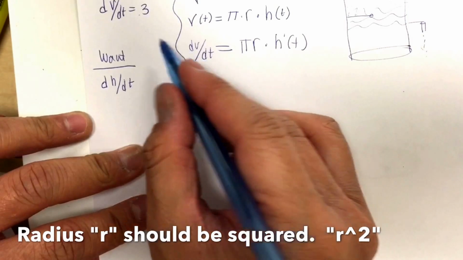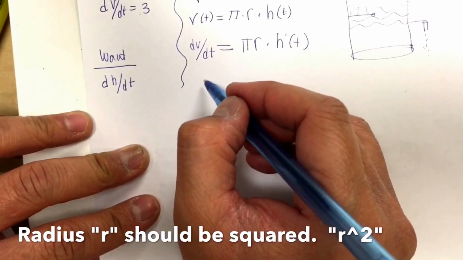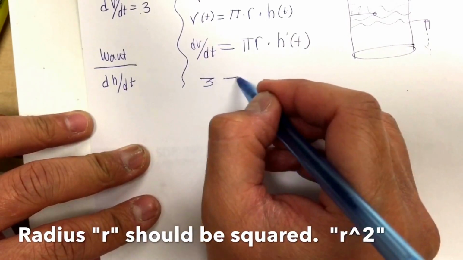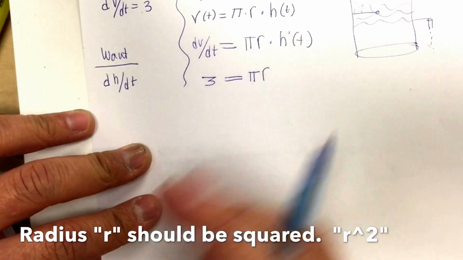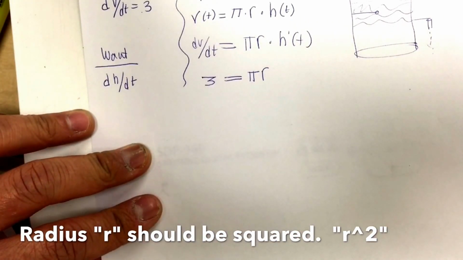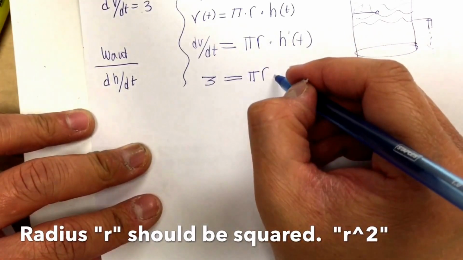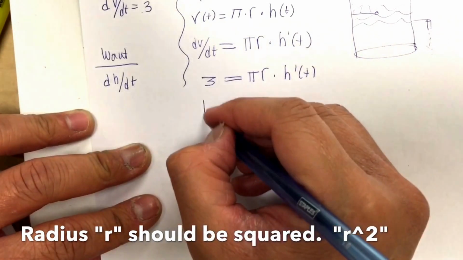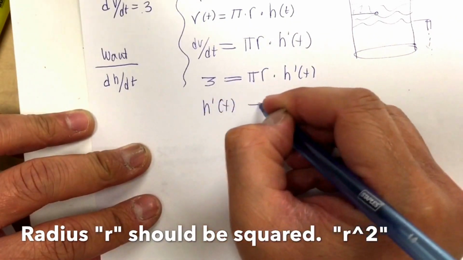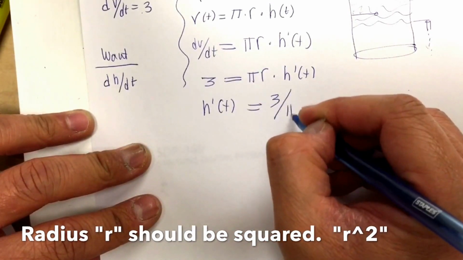So we know that this is 3. This is pi and this is r squared, times h prime. Okay. So h prime equals 3 divided by pi r squared.